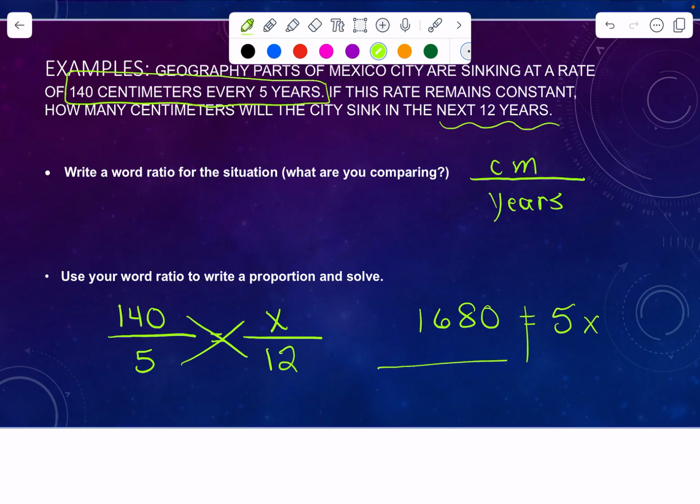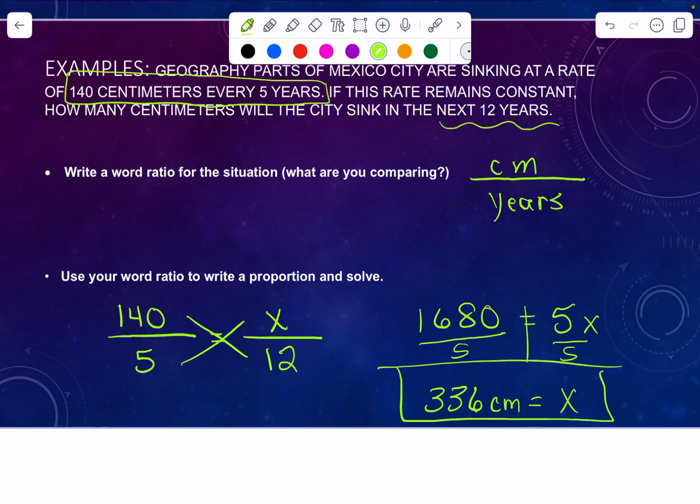Then we solve it just like we have been. We would divide by 5, and that's going to get us 336 centimeters. So in 12 years, if that rate stays consistent, Mexico City is going to sink 336 centimeters. And that's how we set up and use proportions to solve.